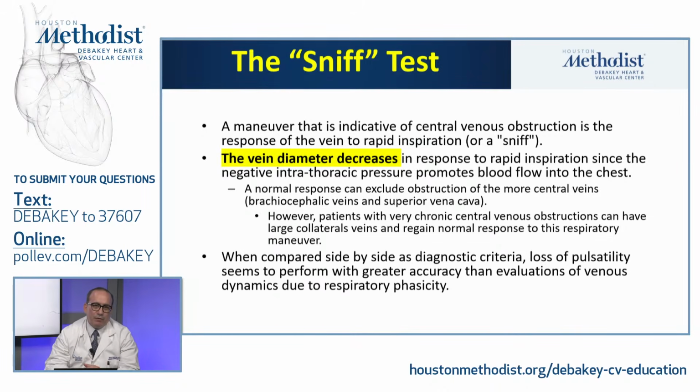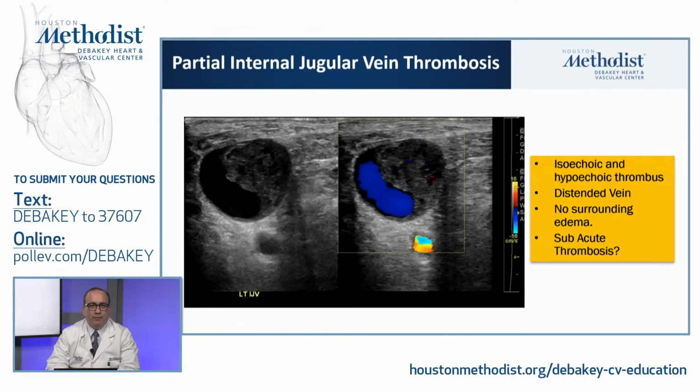Sometimes this test is not very reliable, especially in patients who may have a central obstruction but have developed enough chronic collaterals. But this is one more test or technique that we'll have in our armamentarium.